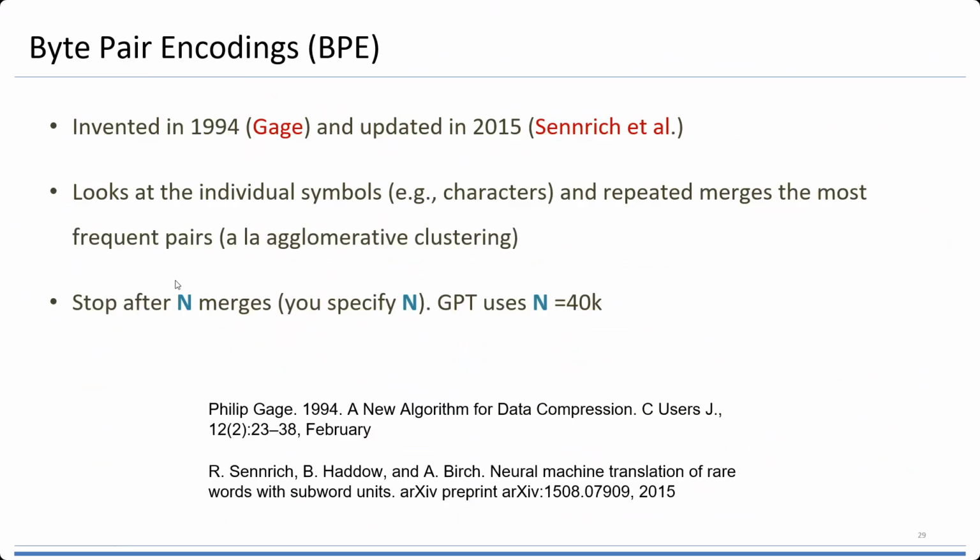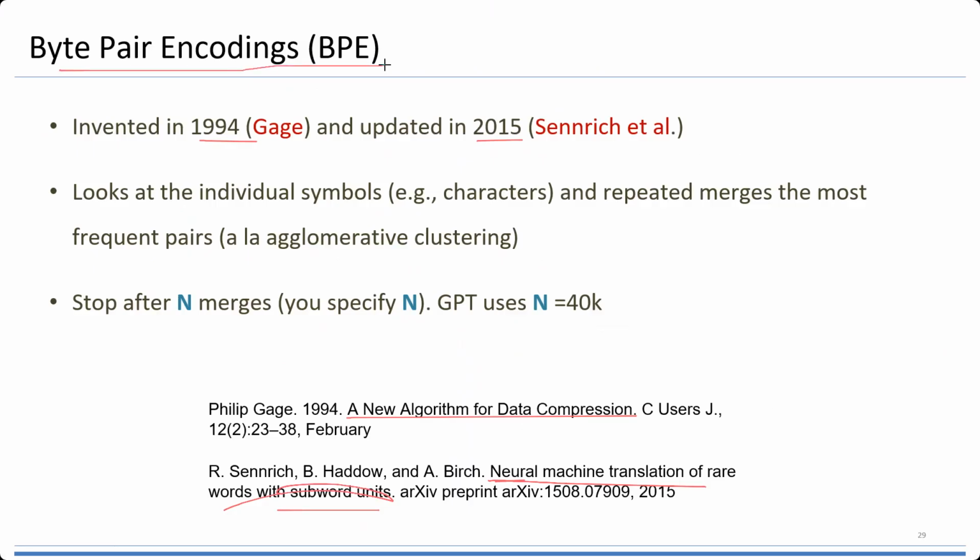The byte pair encoding, or BPE, was developed many years ago by this guy. If you want to look at the details, you can look at this one. And it was updated in 2015 in the paper Neural Machine Translation of Rare Words with Subword Units. This paper uses the idea of byte pair encoding.